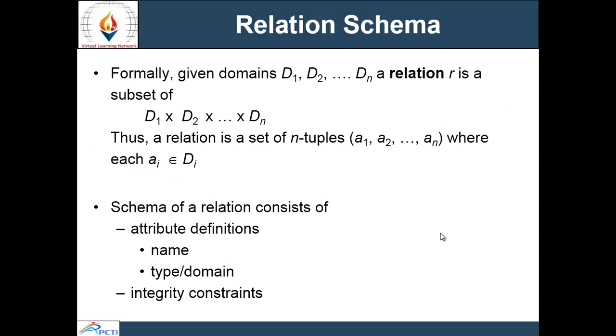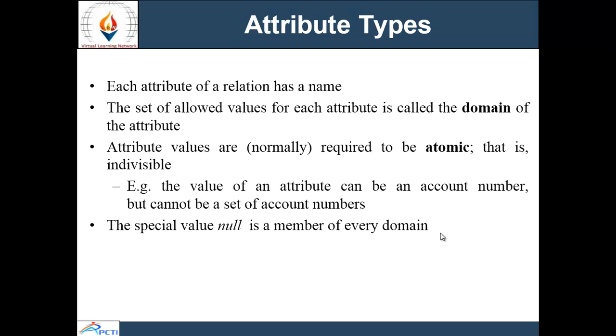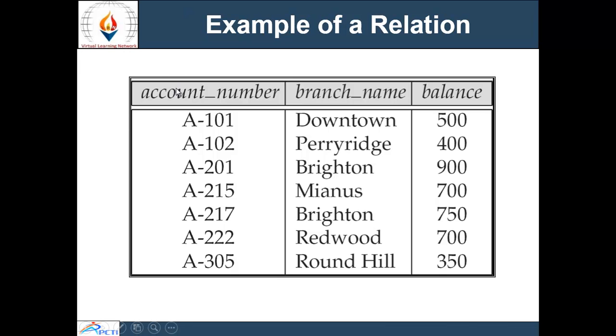Next is relational schema. Schema refers to the structure of the relation, and the schema of a relation includes the attribute definition, that is the name and type of the attribute. For example, for this attribute the name is account number and the type is text. Text means it contains alphabets as well as numbers and special symbols like hyphen.